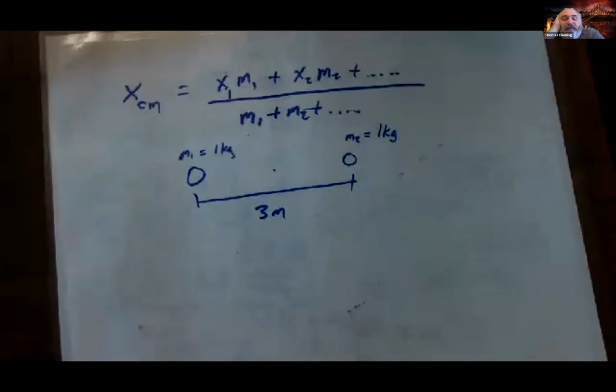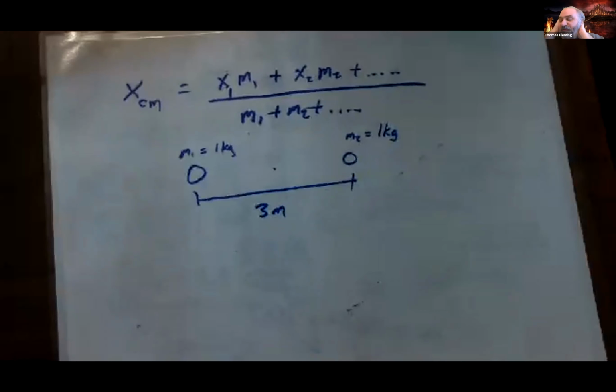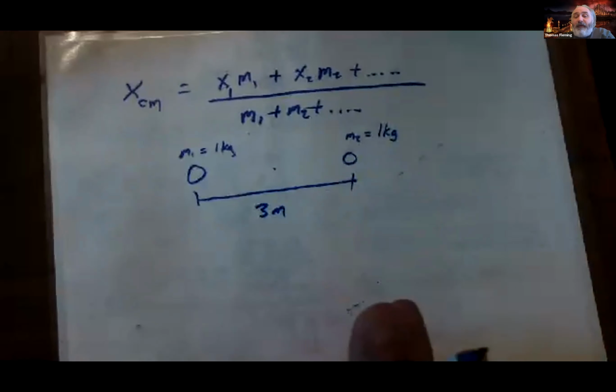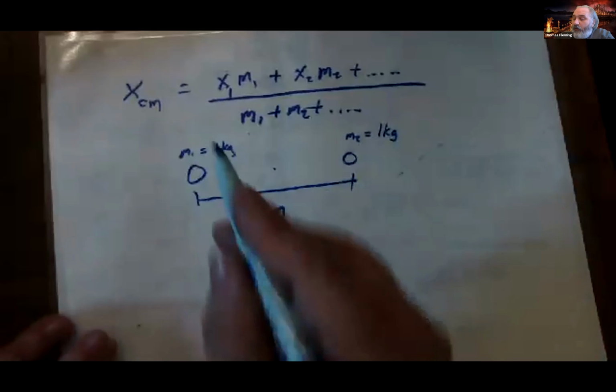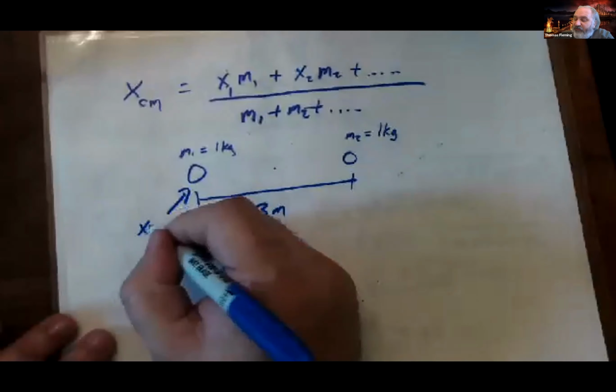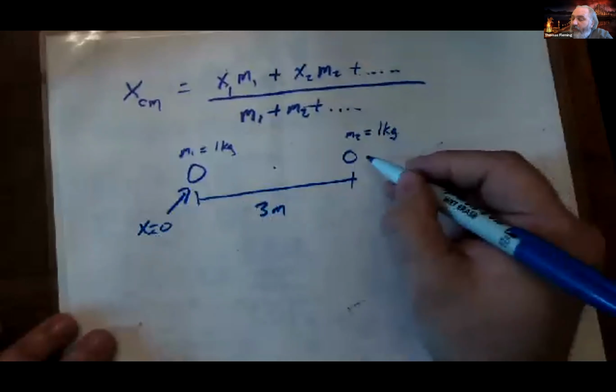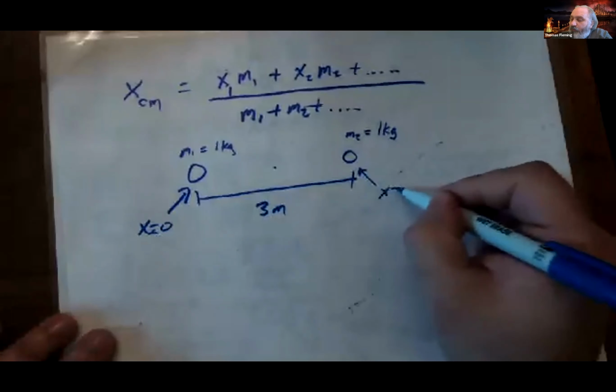So how will I play this out? How will I find the position of the center of mass? Well, first, I'm going to choose a coordinate system. And as always, it doesn't matter where I choose my coordinates. So I'm going to go ahead and call this x equals 0. That, of course, implies that this is x equals 3 meters.